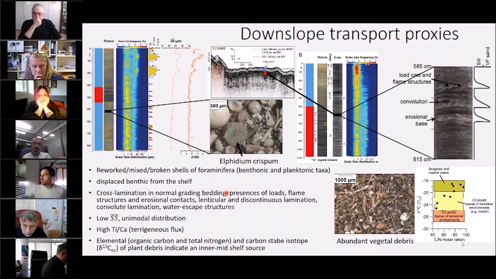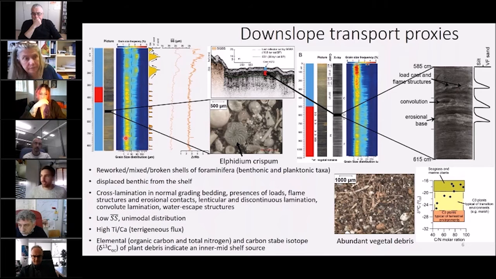We have typical types of lamination, such as cross lamination and flame structures, and erosional contacts, which help us identify sediments transported by gravity. Also the sortable silts, when they tend to have a unimodal distribution, as you can see in the lower part of the core.